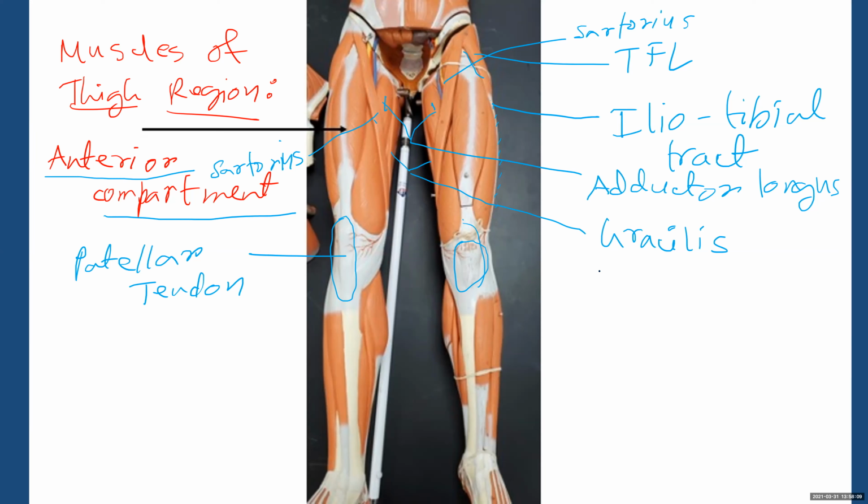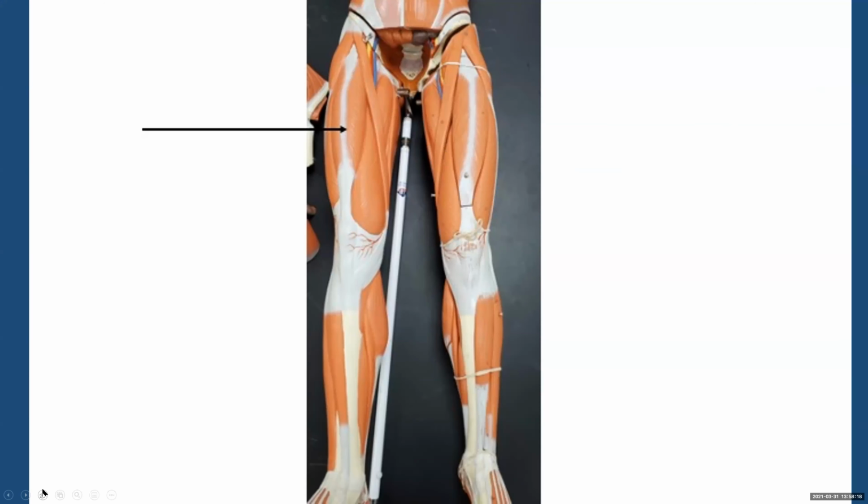Okay. Now the muscles of the anterior compartment. So I'm going to erase all of this and start with the muscles of the anterior compartment. Basically you are talking about the quadriceps femoris, which consists of four muscles.